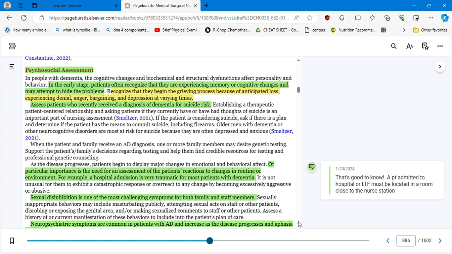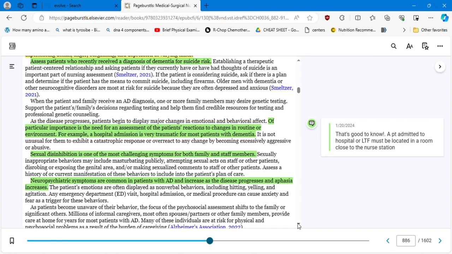Usually the patients are going to behave in a way that we are going to be able to see if they are at suicidal risk. Of particular importance is the need for an assessment of the patient's reaction to changes in routine or environment. For example, a hospital admission is very traumatic for most patients with dementia, and that's good to know.